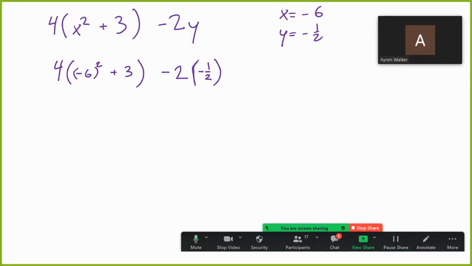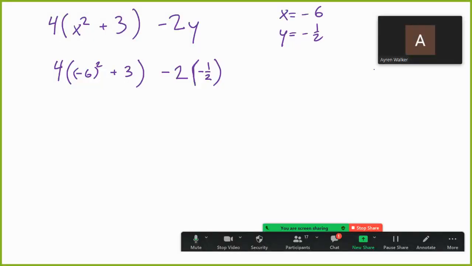And I think it's a good idea to always use parentheses, especially when it comes to multiplication, like my -2y. Well, that means -2 times y. So I'm going to group together my y number with parentheses for the time being because it is a negative or minus half. And same deal with my -6 for x. It just helps bundle it together so we don't lose that negative sign.